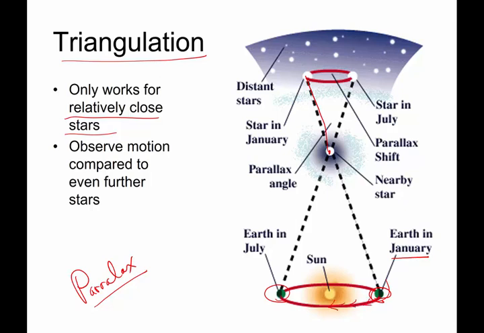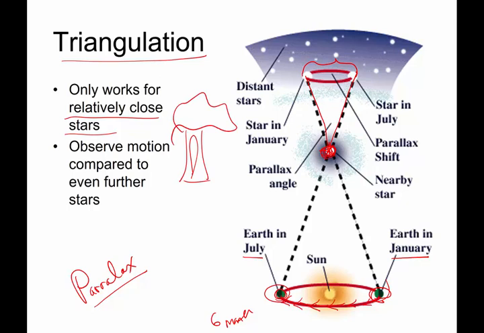The Earth rotates around the sun, and 6 months later, in perhaps July, the Earth is now in its new position. It looks at the same star up here, and when it looks at it, it sees that this star has moved position from one place to the other, much like your finger moved relative to that tree in the last representation.